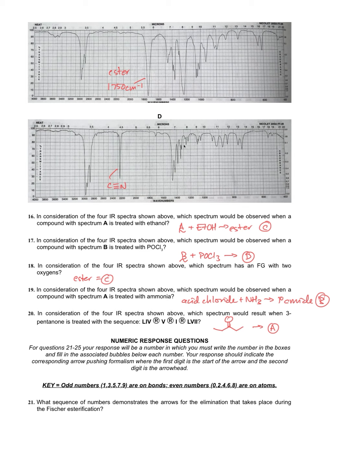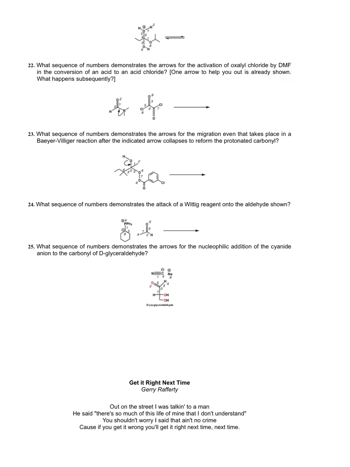21 says, what sequence of numbers demonstrates the arrows for the elimination that takes place during a Fischer esterification? So you're forming an ester, so you need to draw an ester as the product. And what is set up here is essentially the oxygen that's doubly protonated is going to leave.